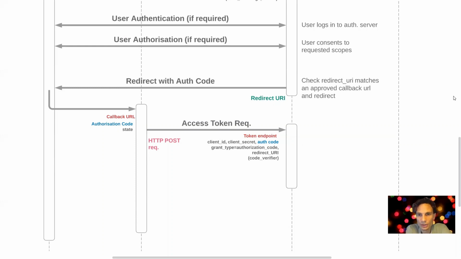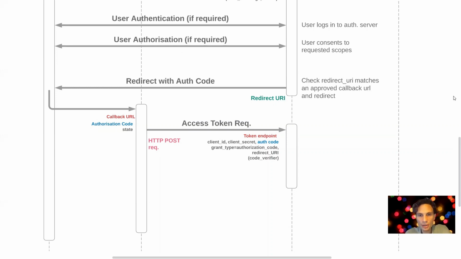This request will be made to the token endpoint of the authorization server, as well as the client ID to associate it to the correct app. This request will also include a client secret. This is a bit of information that is known only to the client app server and is protected by the client app server.